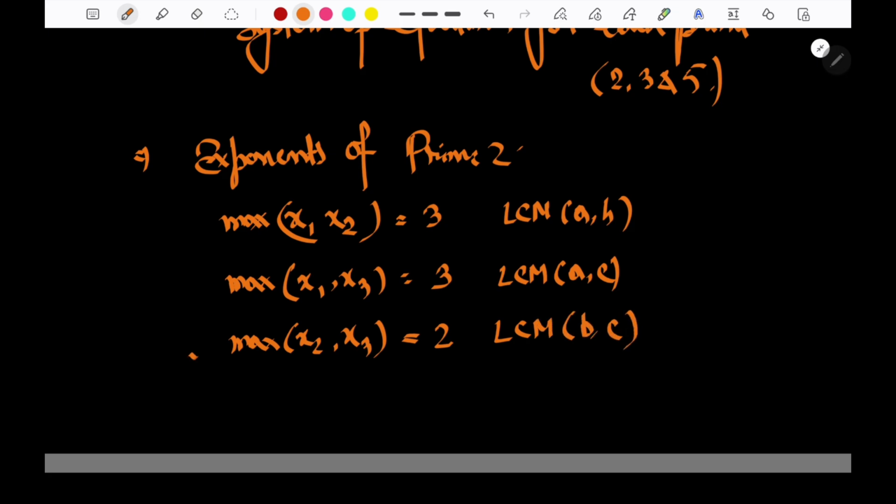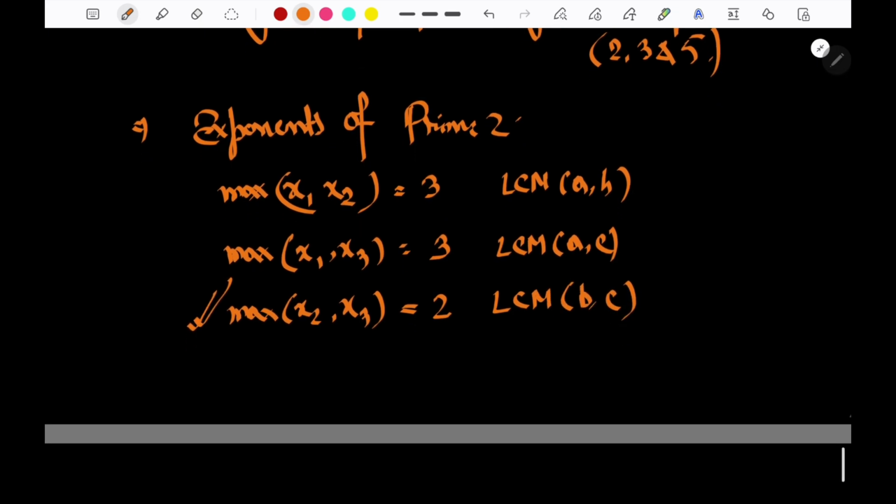Now there is a very interesting thing here. Maximum of x2, x3 is equal to 2. What does this conclude? x2 is less than or equal to 2 and x3 is less than or equal to 2.